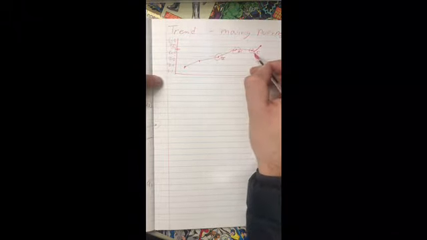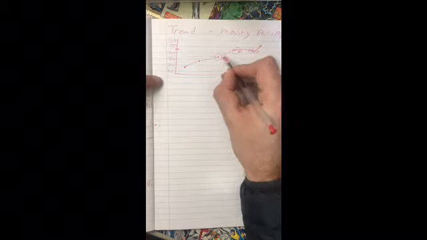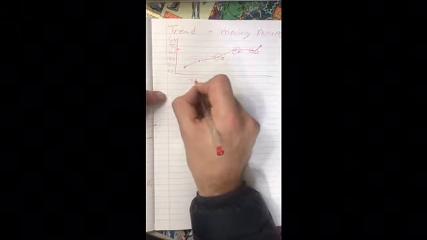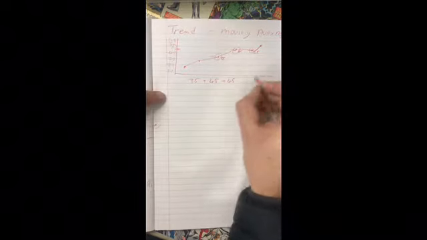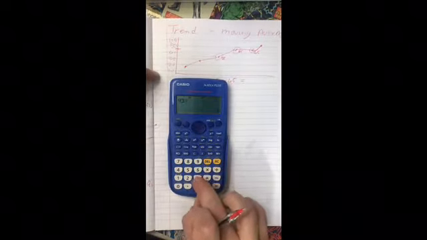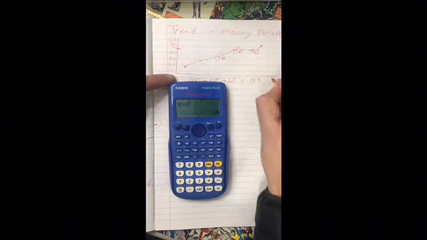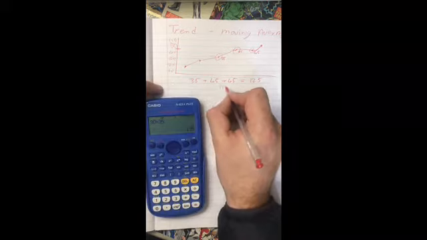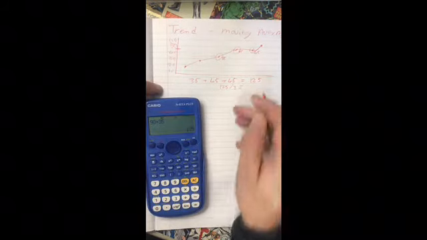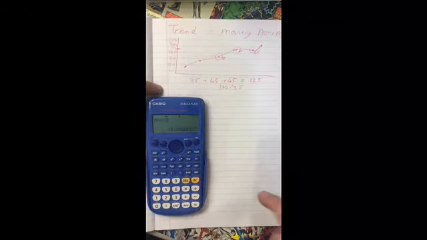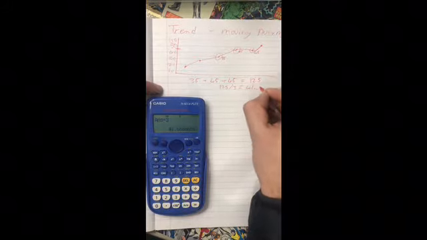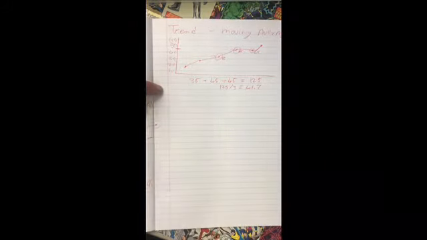So then what we do is we take the 3 of them together and we say 35 plus 45 plus 45 gives us 90 plus 35 is 125, and then we say 125 divided by 3 will give us 41.7.